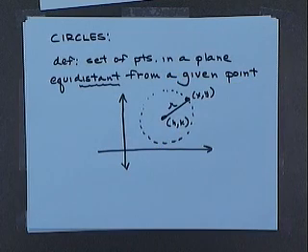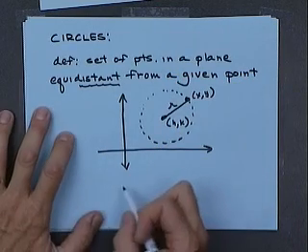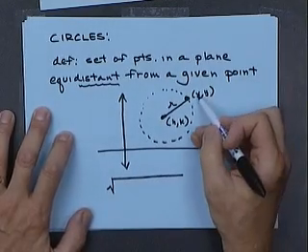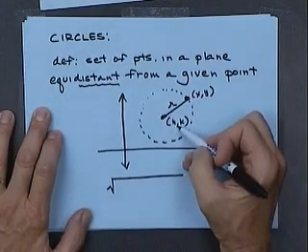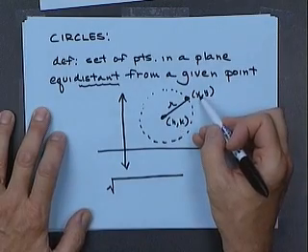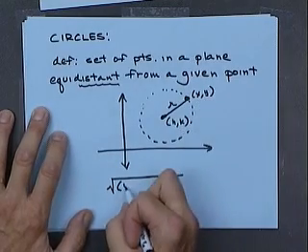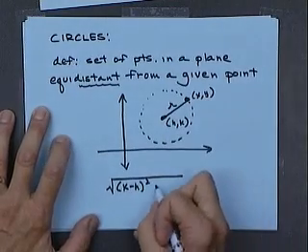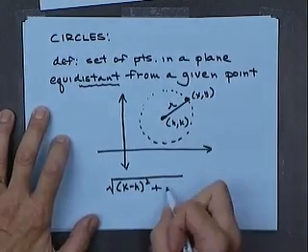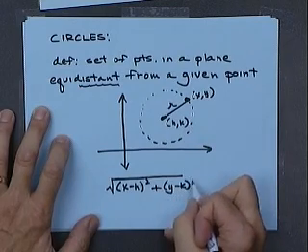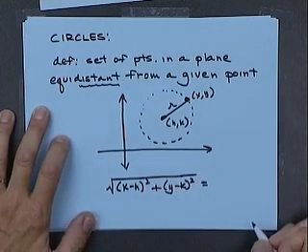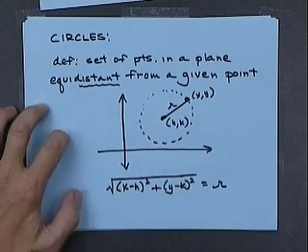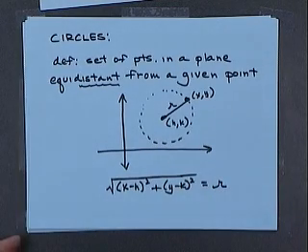So let's use our distance formula. Distance from xy to hk equals r. Well, the distance from xy to hk, difference of the x's squared plus difference of the y's squared is equal to, in this case, r, right? The radius? Everybody agree?